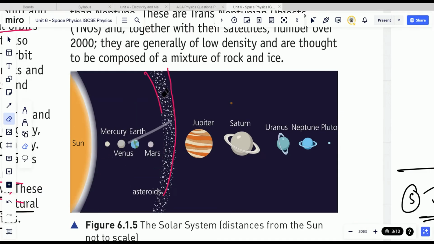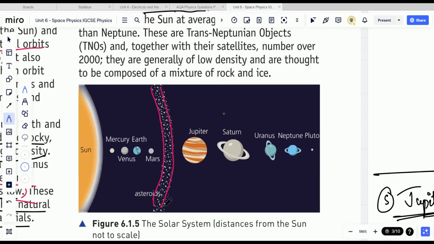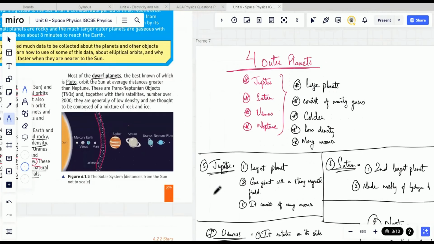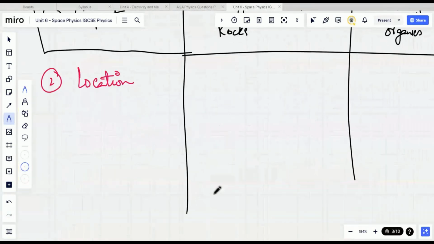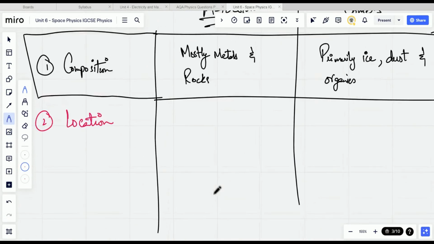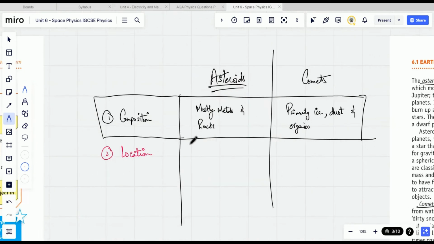This is known as the asteroid belt. Most of the asteroids are found over here only. So the location is mainly in the asteroid belt.